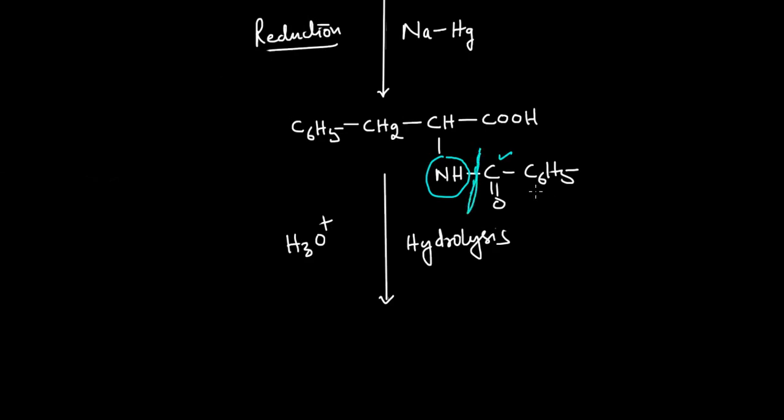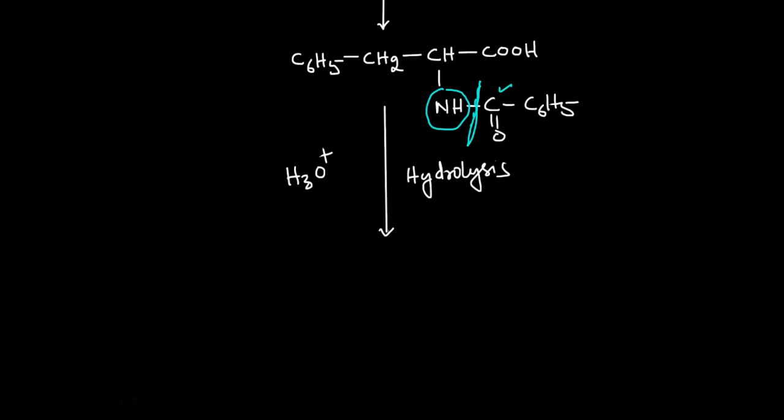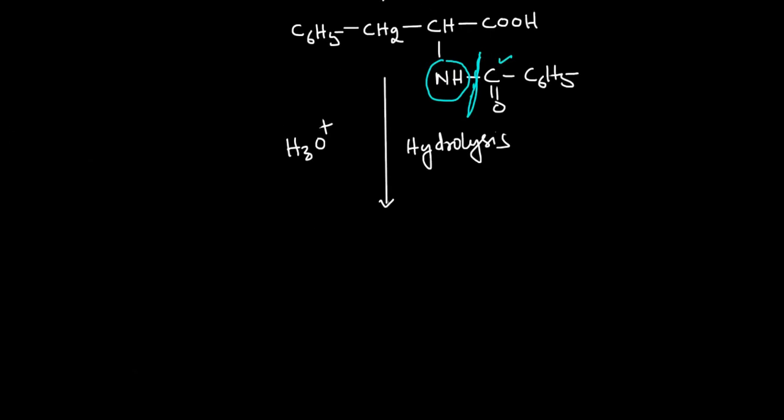This will be lost, and what will we get? We get C6H5 CH2 CH C double bond OH, and now this NH is converted into NH2.